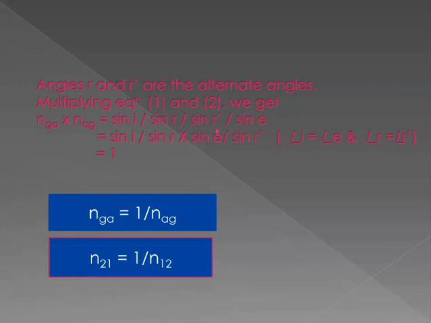So refractive index of glass with respect to air is the reciprocal of refractive index of air with respect to glass. Suppose when a ray passes from one medium to another medium, we can write refractive index of medium 2 with respect to medium 1 is the reciprocal of the refractive index of medium 1 with respect to medium 2.